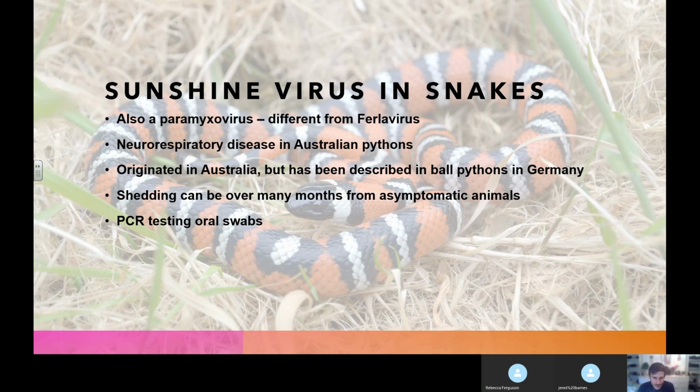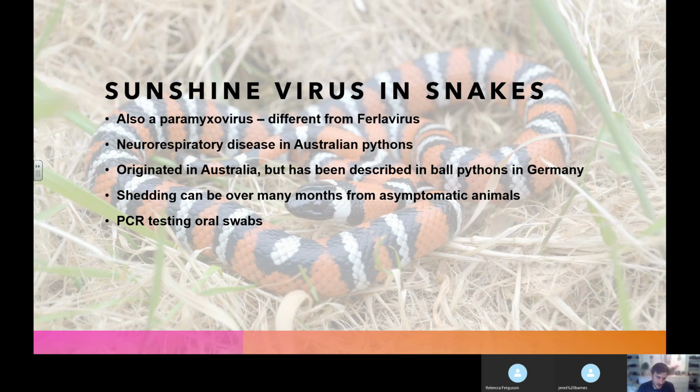Whenever we've got an Aussie python, a carpet python, or one of the other Australian pythons that's suffering from a respiratory infection or respiratory disease, or indeed snakes housed in collections where there are lots of Australian pythons or any Australian pythons, sunshine virus is always something that we should consider.